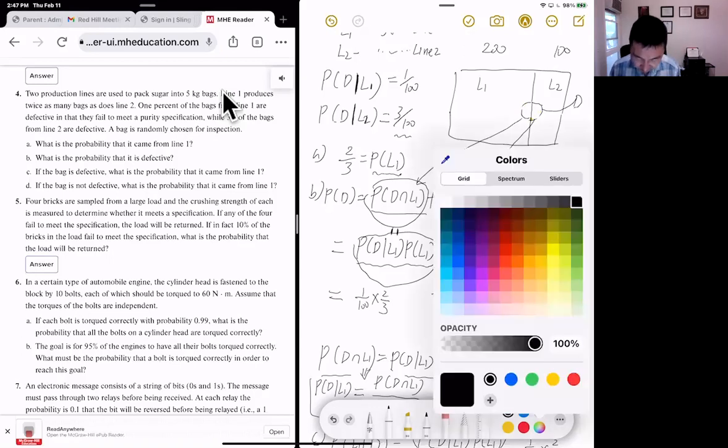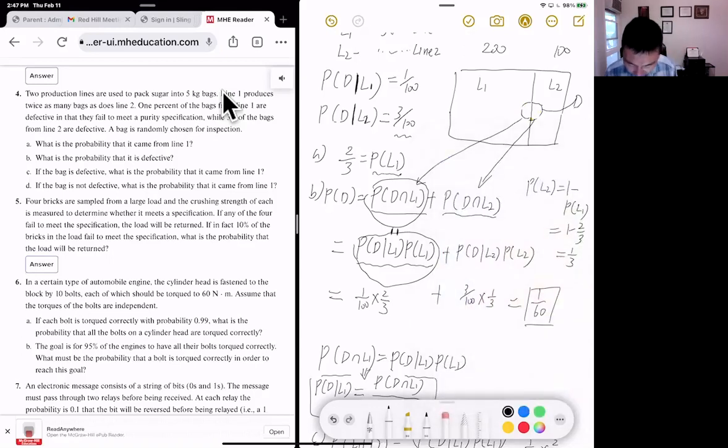If it's not defective, that means outside that circle, that's the condition. So within outside the circle, what is the probability coming from line 1? It is this shaded area over all areas outside D.